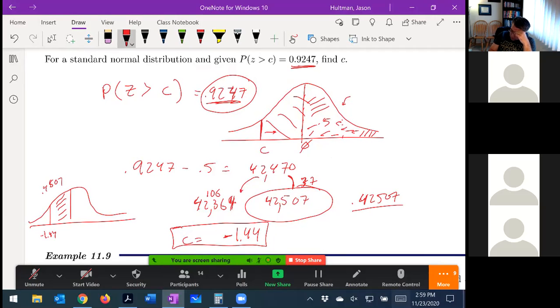And then I would add the 0.5 to that, which is the top half because we're going this direction. I want everything more, so plus 0.5. Then I would add those two together and I would get close to my result.